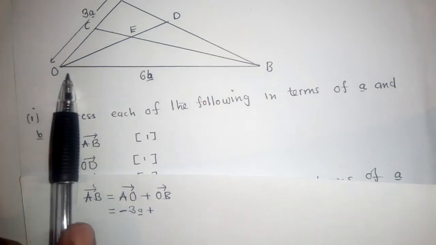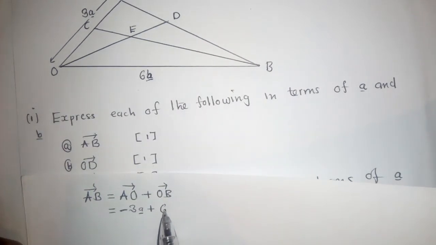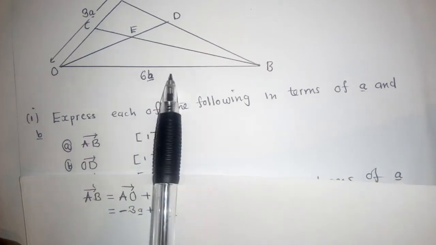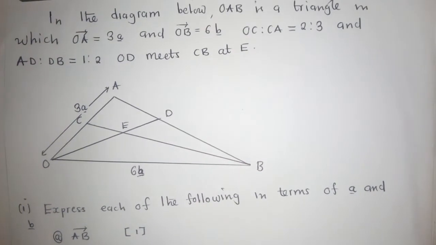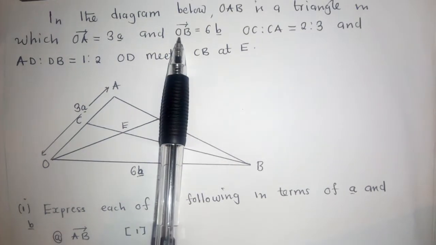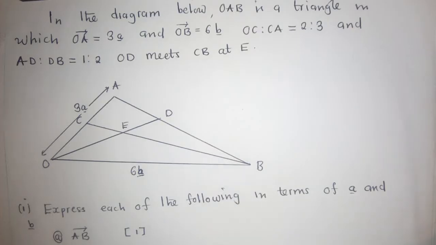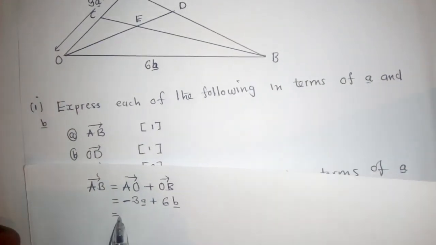What is our OB? We can check. Our OB is 6B. There is nothing like putting negative, even if there is no arrow showing where it's going. In the statement here, it says vector OB is equal to 6B. So OB is equal to 6B. It's a normal direction. There's nothing like changing the sign.